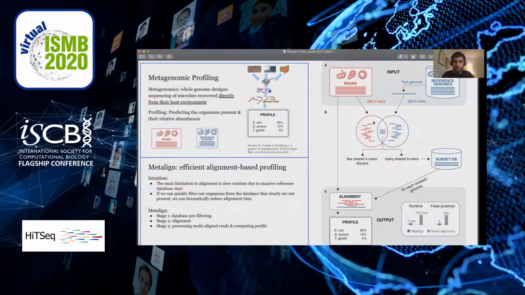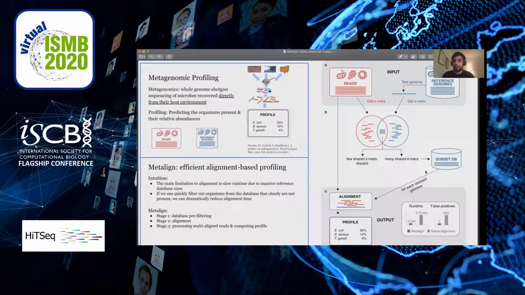This has been theoretically shown to be superior to the Jaccard index. We test each genome, find its containment index, and the genomes with a containment index above a certain cutoff threshold we put in our subset database. Then we perform alignment against this subset database, and you can quickly rule out the vast majority of organisms that way.